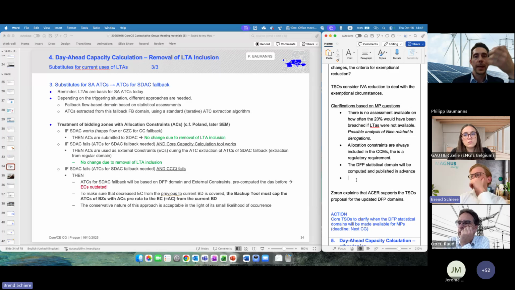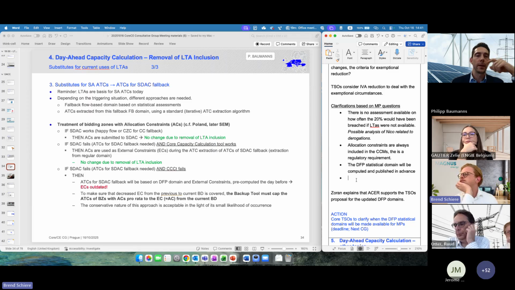We could use the fallback flow-based domain based on the statistical assessment. If the 4CC tool fails, we cannot compute capacities, and we will send DFPs, of course. And if the allocation fails, so we go to shadow auctions, then based on this default flow-based domain, we would do an ATC extraction and use those ATCs for the fallback. I think that's the most consequent way forward.